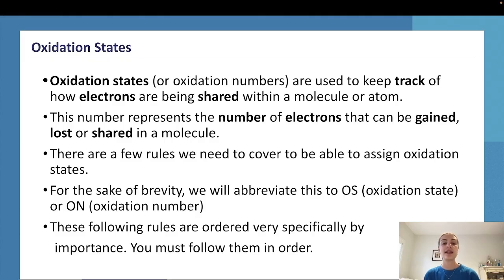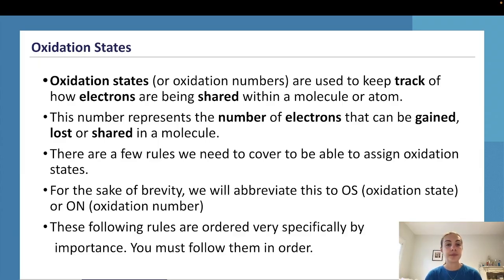Oxidation states, which we can also call oxidation numbers, are a number we use to keep track of how electrons are being shared within a molecule or atom. It also helps us understand how electrons are being transferred from one molecule or atom to another.